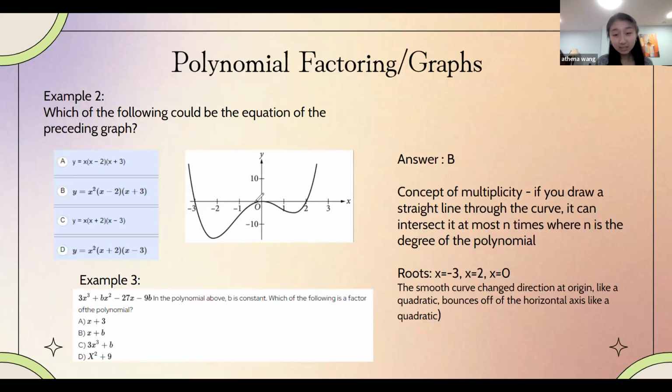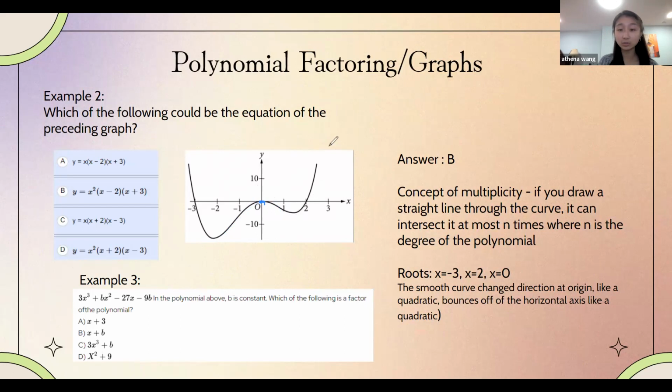if it bounces off the x-axis, like a quadratic equation, you can imagine that this is like a polynomial, a quadratic right here. This means that there are 2 roots at x equals 0 here. So it has to be a square.